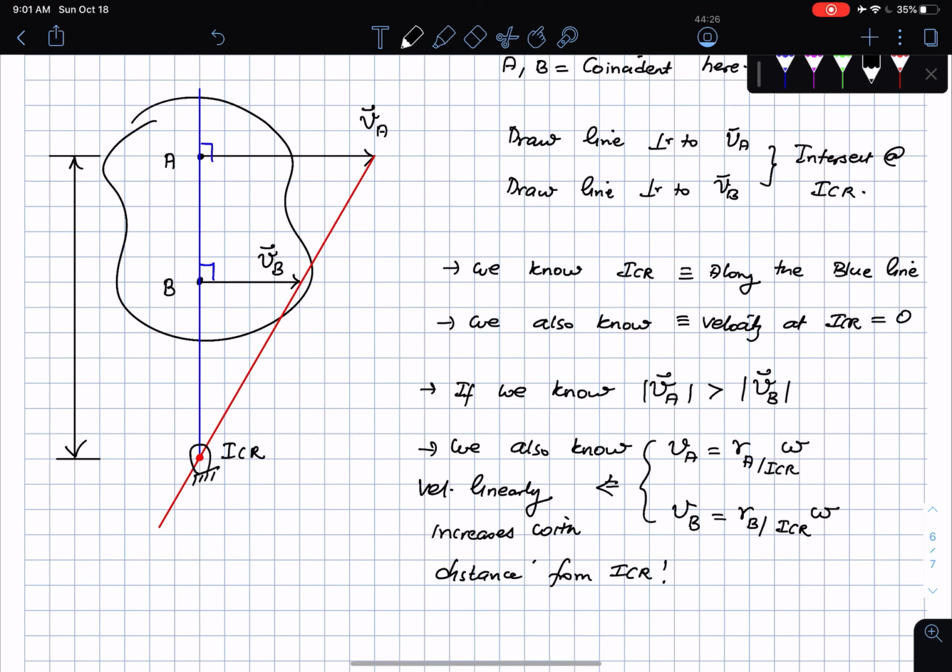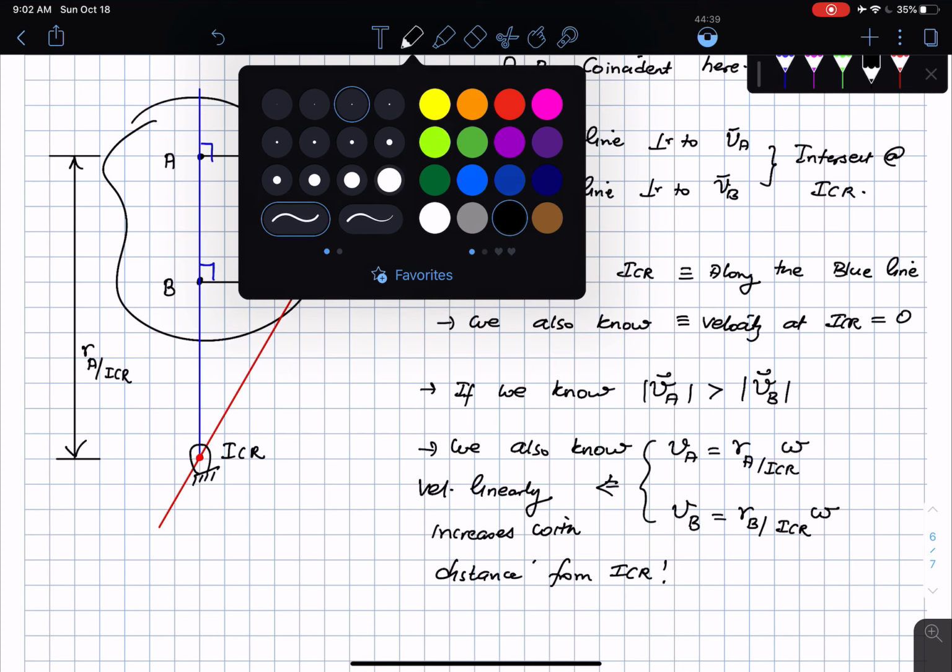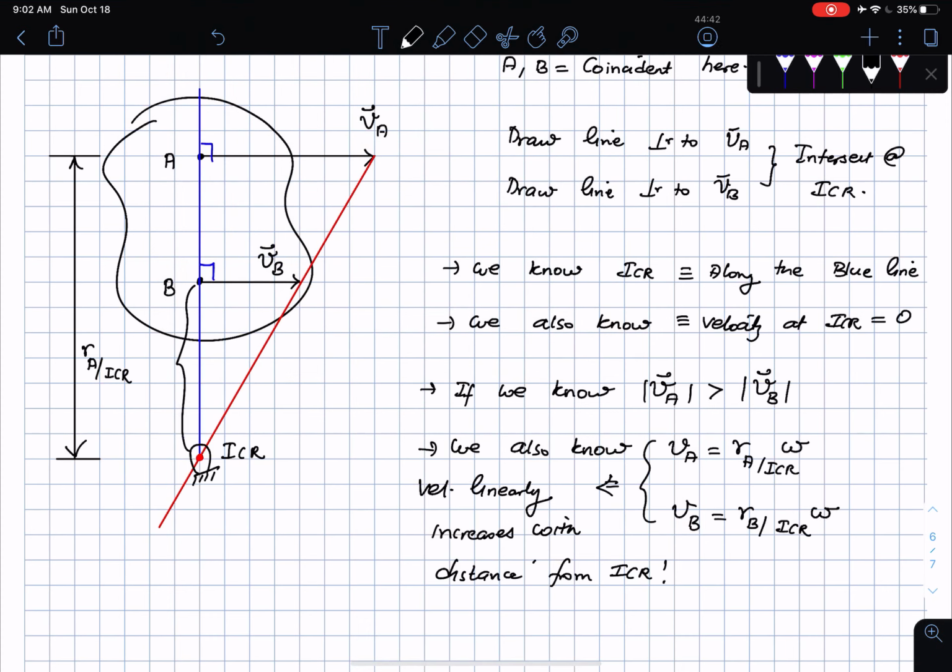So this is R A/ICR, and then I also have R B/ICR, which is this distance here. If I'm at a shorter distance from the ICR, the velocity is smaller and it's linear, as I can see from these two equations, which means that the velocities have to be along the line joining the intersection and the tips of their arrows. So that's going to be the ICR for me.